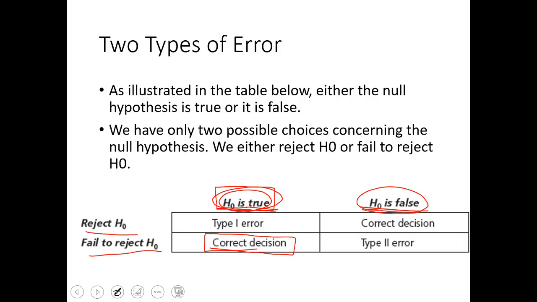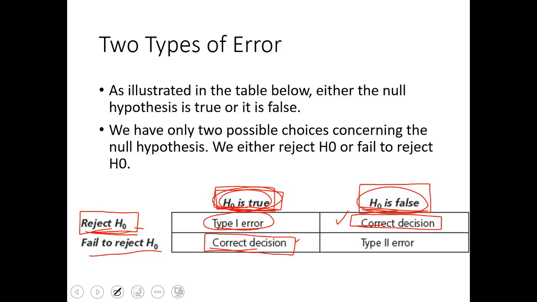If the null hypothesis is false and we reject it, it is also a correct decision. These two cases have no problem. But the problem is when the null hypothesis is true, but based on the data collection and the stochastic method, we reject it. Then it is an error.